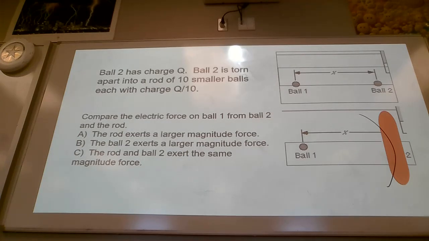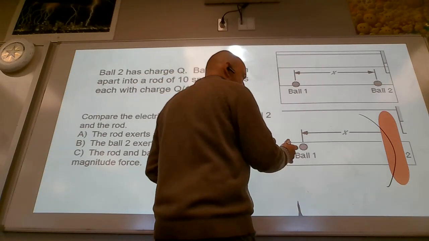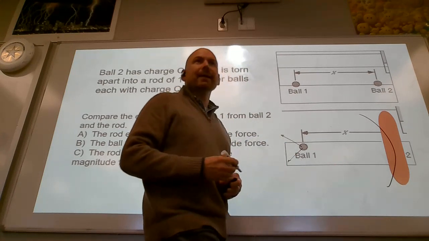The net force would be equal. Oh, good call. Good question. You're right. Scratch that, I retract that statement. No, force and field would both be less because you have y components now that cancel each other out.